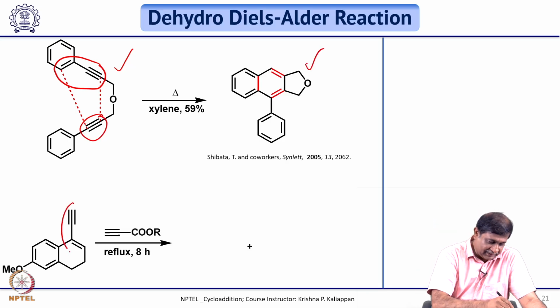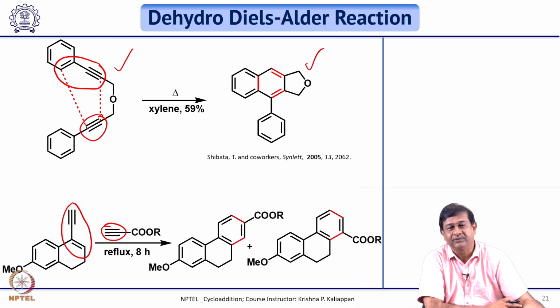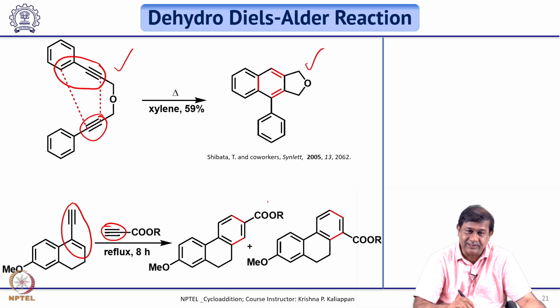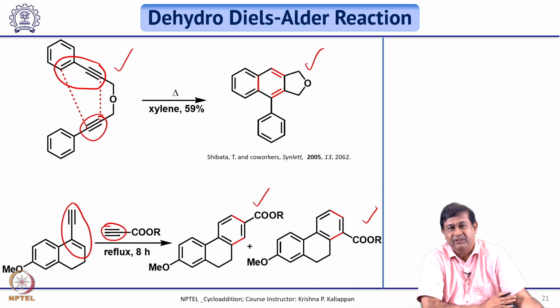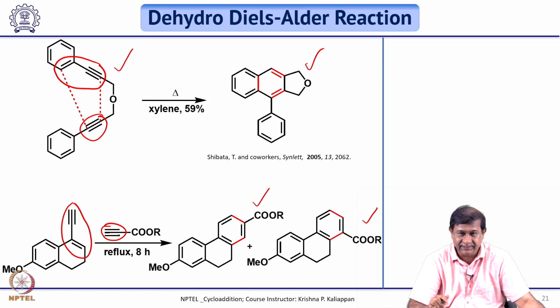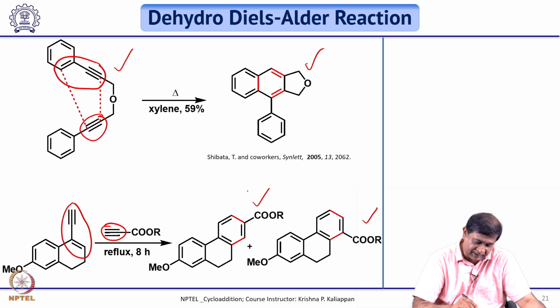And again, this is the enyne and this is the triple bond, and if you do the Dehydro Diels-Alder reaction, there are two regioisomers possible. The one is this, the other one is this. Both are possible, and based on steric reasons, perhaps this may be the major product.